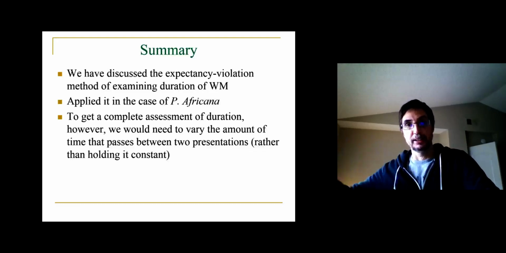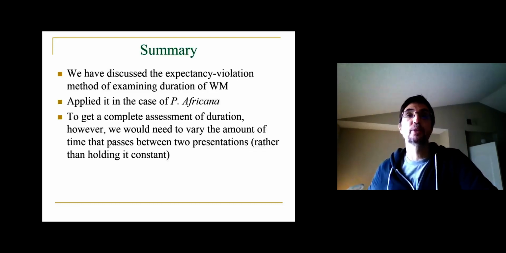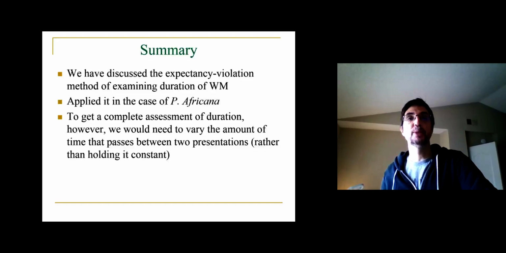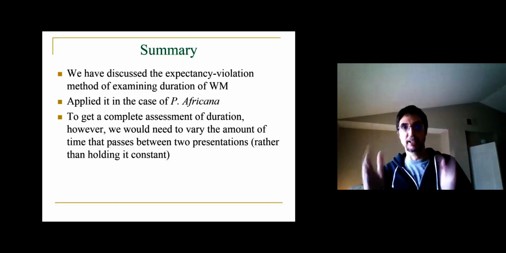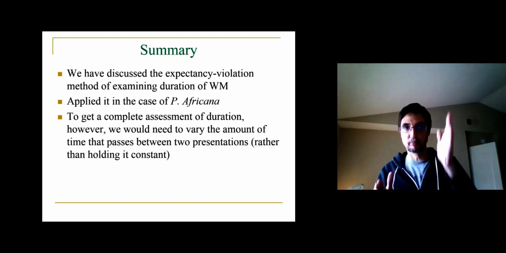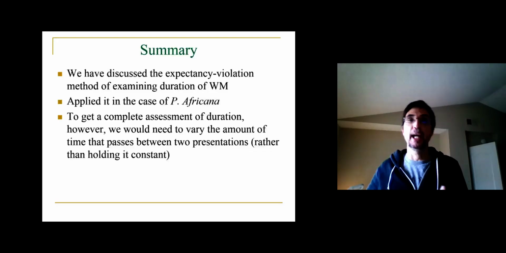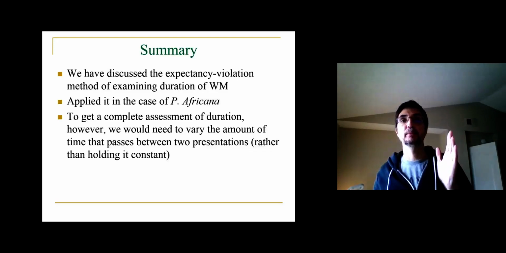To figure out the actual full duration of working memory on the part of Portia or any other animal, you would have to manipulate the amount of time between when the shutter comes down and when the shutter comes back up. In this case, it was 90 seconds.